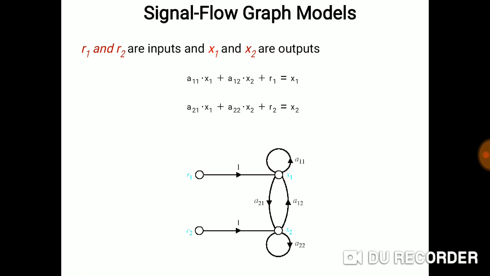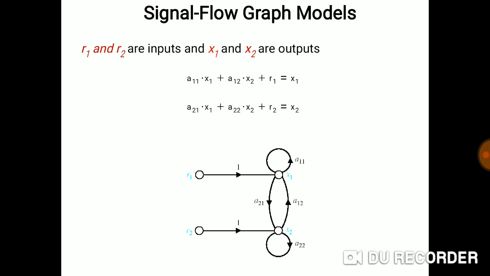So A11 into X1 plus another incoming line from X2 with transfer function A12, so A12 into X2, and the third one is from R1 with transfer function 1, so R1 into 1 is equal to R1. So the final equation is X1 is equal to A11 X1 plus A12 X2 plus R1.